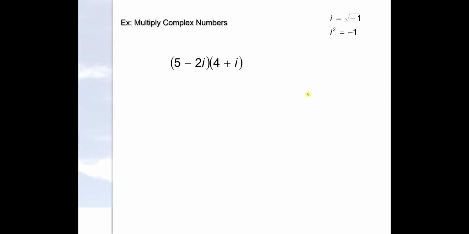So let's practice that on these numbers. I'd like to multiply these two numbers together, so we need to apply first, outer, inner, last. When you do the first, I have 5 times 4. When I do the outer, I have 5j.